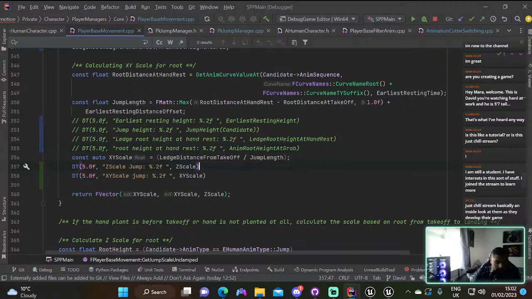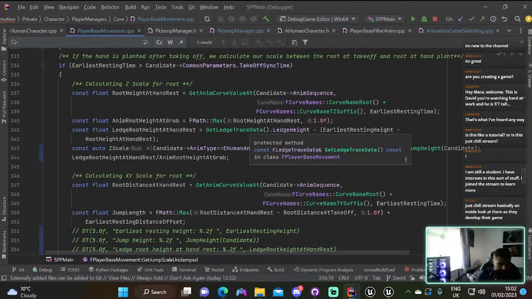All right, let's debug some stuff. Okay, so Z, happy with that.